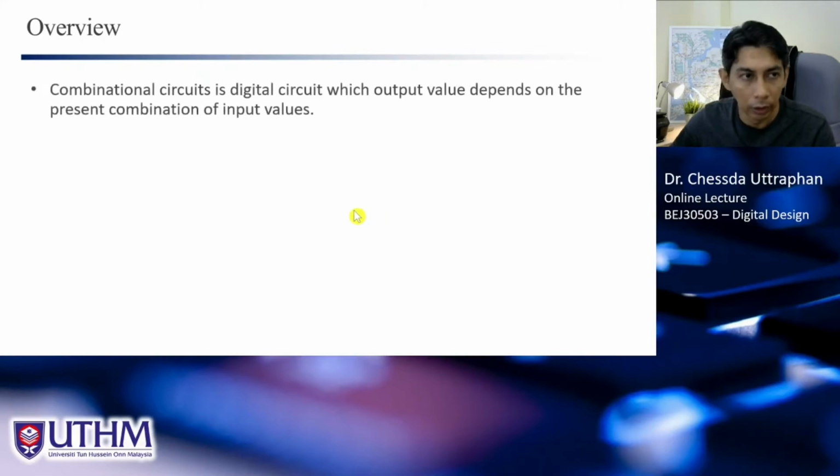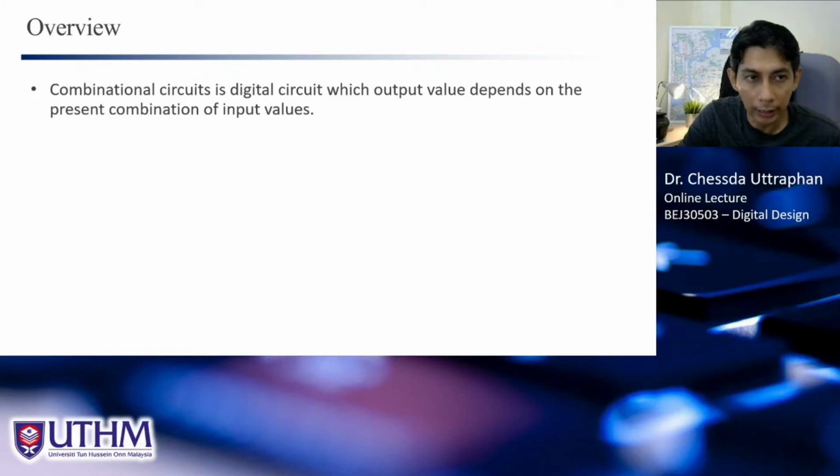right? So again, a combinational circuit is a circuit whose output value depends on the present input values, just like what I explained before.